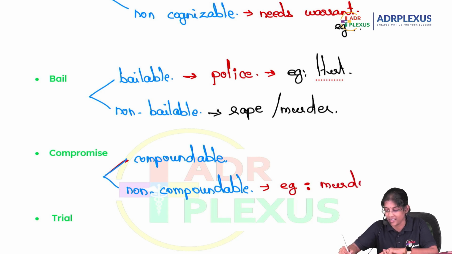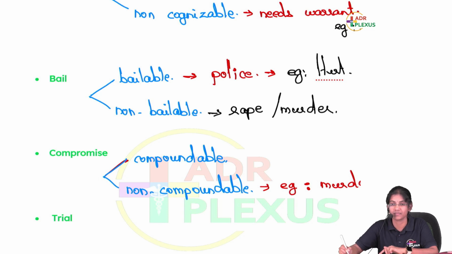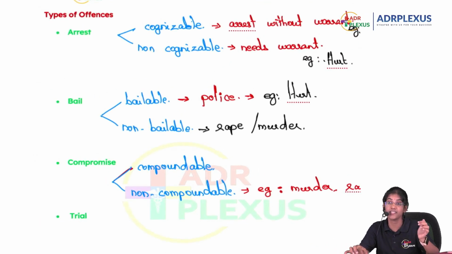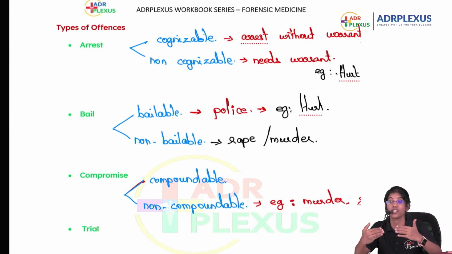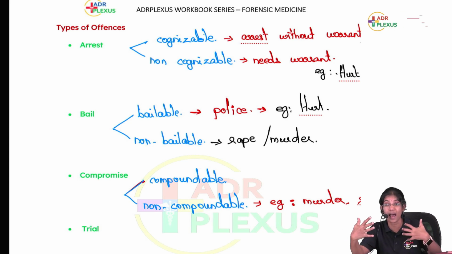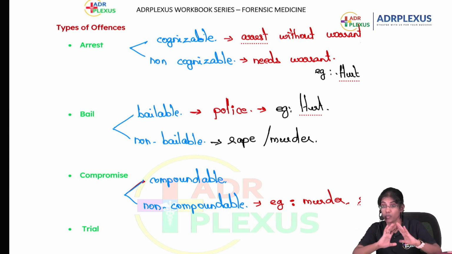Murder and rape. Okay, so again, they have given a particular offense and asked whether it is cognizable, non-cognizable and so on. You cannot remember the whole list of acts and what is compoundable and non-compoundable. Keep a simple idea.